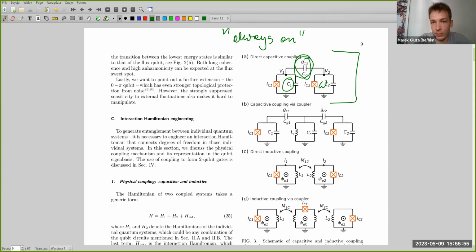And this g12 will be coming from the modeling that we have that will give us the strength of the coupling of those qubits. Okay, so that's an always-on coupling. So now we can ask what happens if we do something like this but mediated by a resonator.